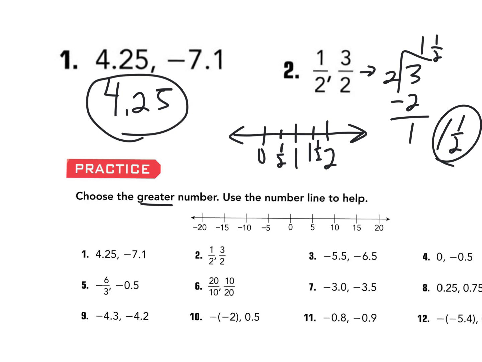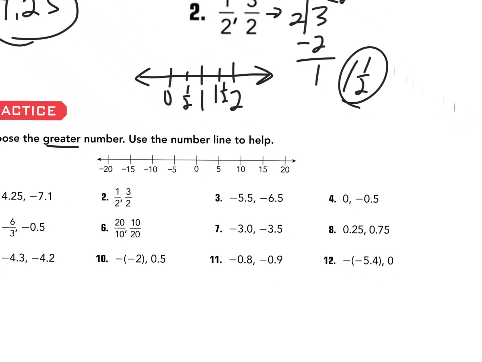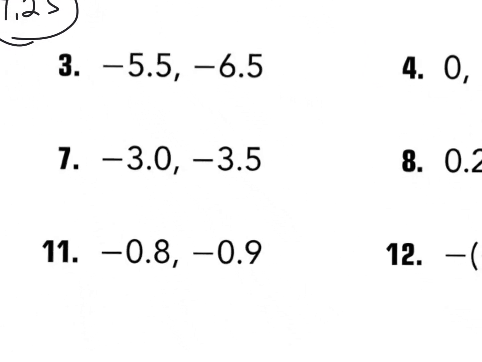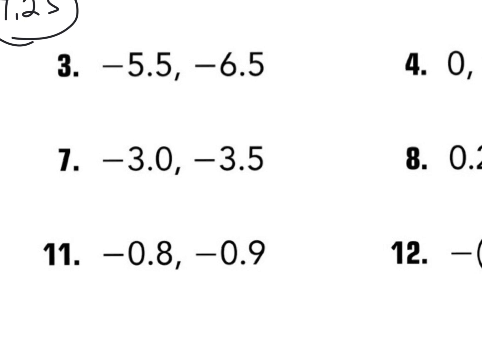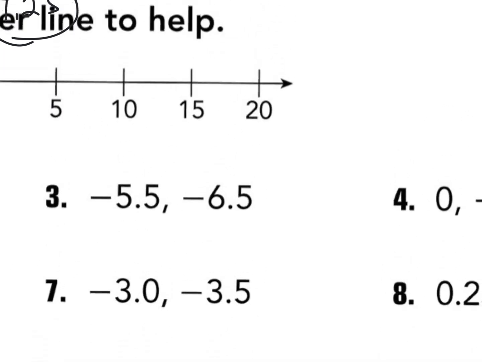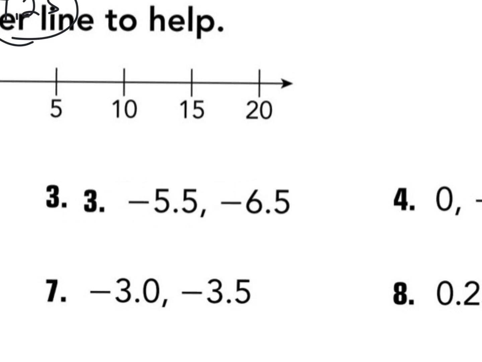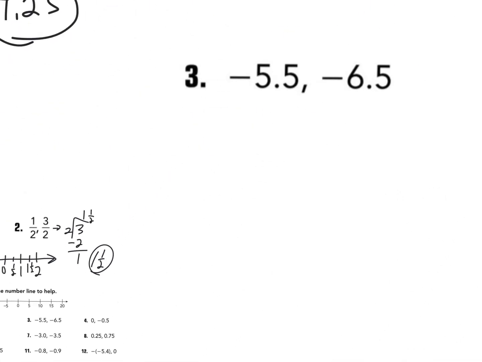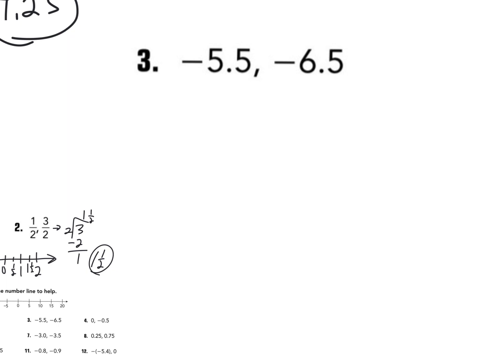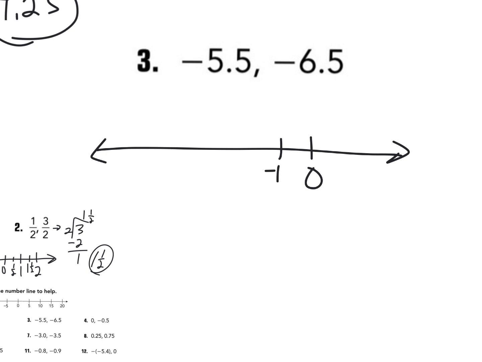Okay, number 3, we've got negative 5.5 and negative 6.5. So with those, same idea, you can use a number line. And when you're doing these, you can make a number line that goes a little further, and then you can keep reusing it instead of having to keep drawing new number lines for every problem.